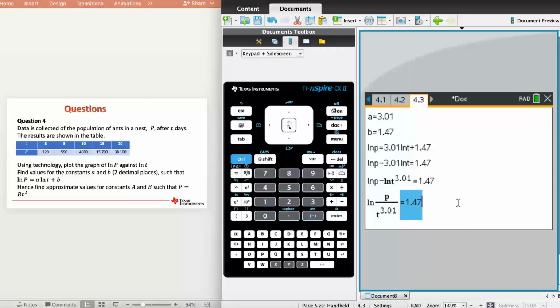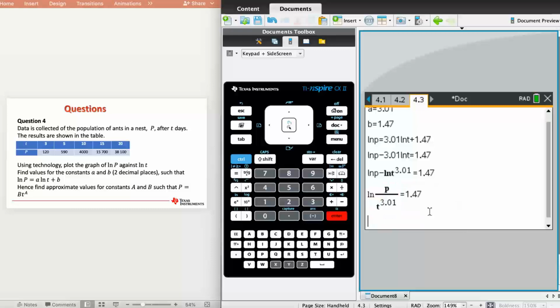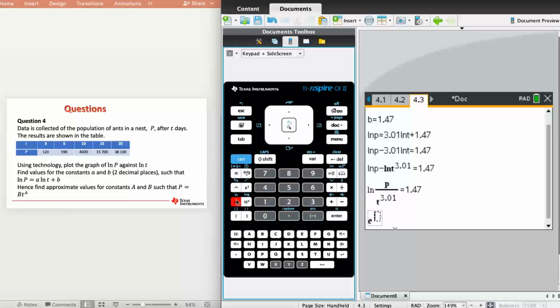And rearranging this now in exponential form, my base is e. My power is 1.47, which equals my number.